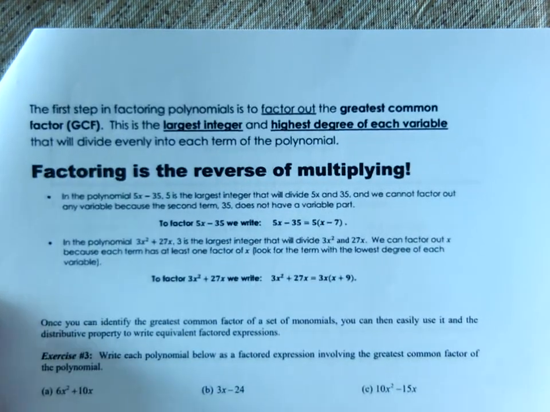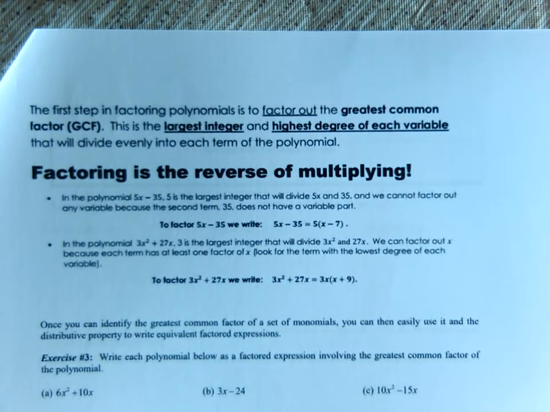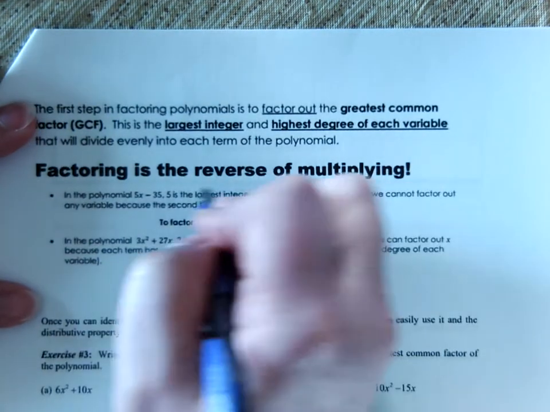The first step in factoring polynomials is to factor out the greatest common factor, or GCF. This is the largest integer and highest degree of each variable that will divide evenly into each term of the polynomial. Factoring is the reverse of multiplying.